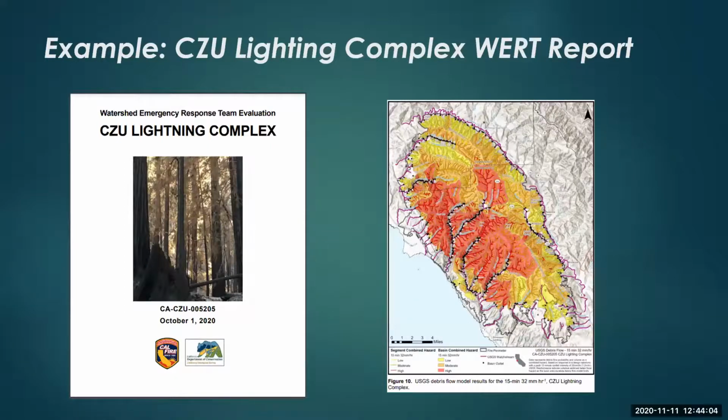Dylan mentioned recently the support to the CZU lightning complex fire. After the fire, because we had just gotten the LIDAR data for Santa Cruz County, we were able to create the LIDAR products that were important in the watershed emergency response team evaluation. And this is one of the many maps in this report. And you can Google it. Just Google CZ WERT report, W-E-R-T.